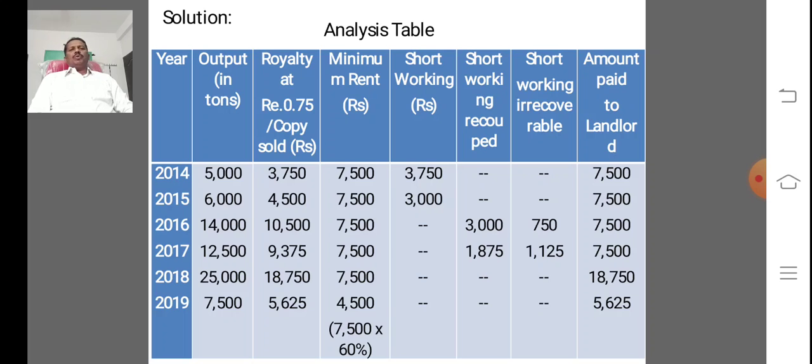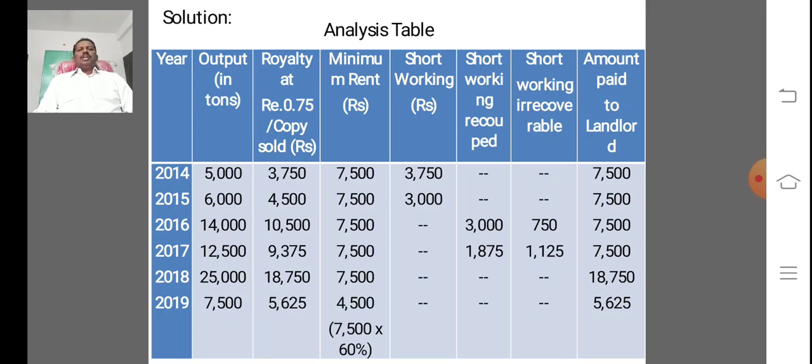Out of 3,000 we recover only 1,875, and the remaining 1,125 is not recoverable and is transferred to the P&L account, and 7,500 is paid to landlord.